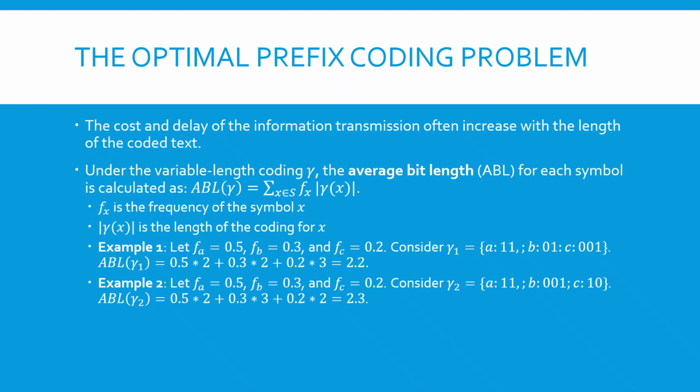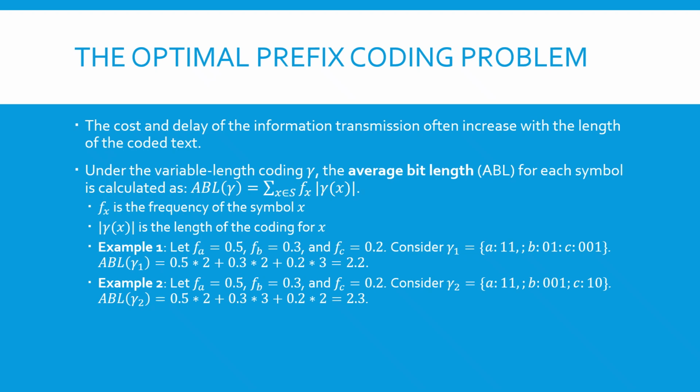When using variable length coding, we must design a prefix-free code to ensure unambiguous decoding. However, the prefix constraint restricts our design choices and may increase the total code length. Therefore, beyond being prefix-free, a good coding scheme should also minimize the expected code length to reduce transmission cost and delay. To quantify this, we introduce the average bit length, or ABL.